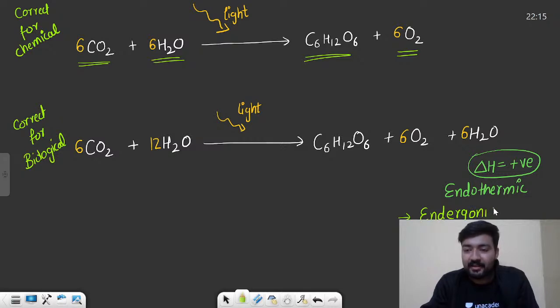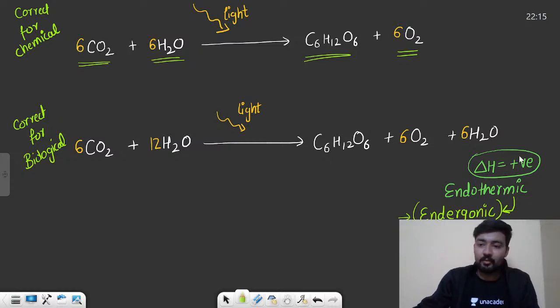So again, this is the term used for endothermic. So these two terms are used to represent endothermic or endergonic reaction, and photosynthesis is endothermic. Why? Because it is using light energy to move forward.